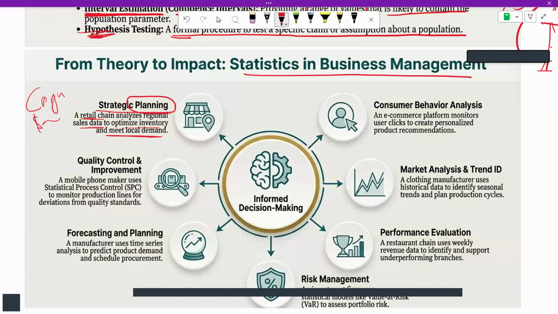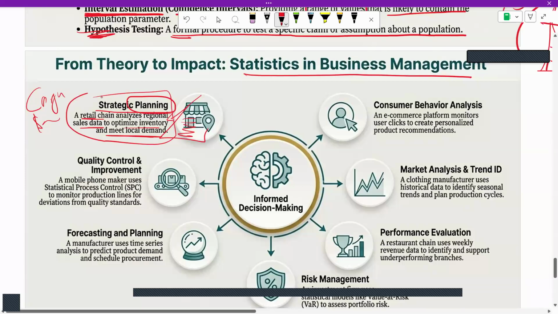So keeping unnecessary inventory causes additional cost. And for the fast moving item, if we keep less inventory, it causes loss of customers. So when we collect and analyze data about the store sales, then it's easy to make planning and optimize inventory management.